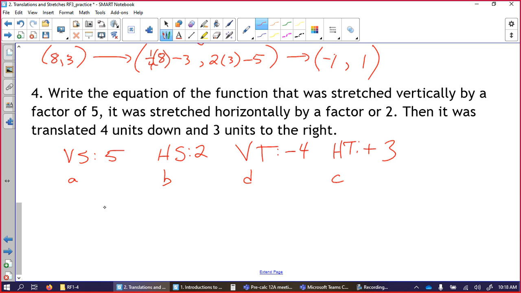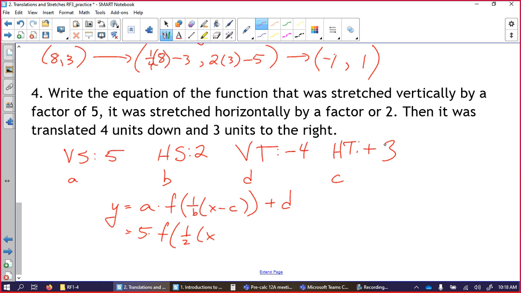So putting it into our equation, if I know all of those, identify, just put the numbers in. A is 5 times f of a half x.